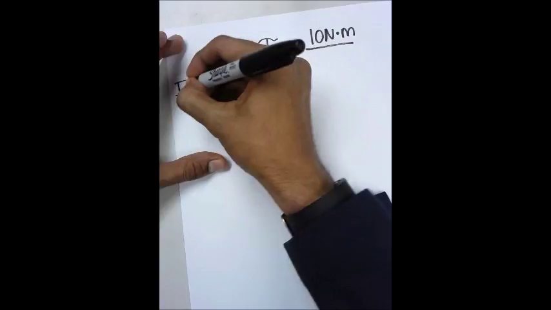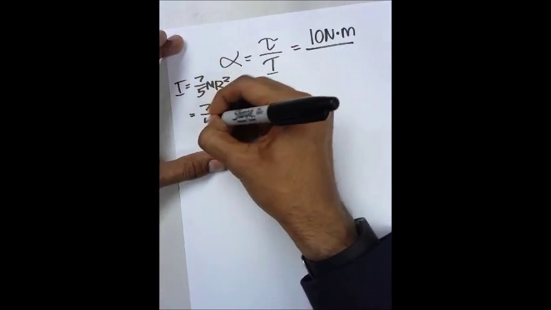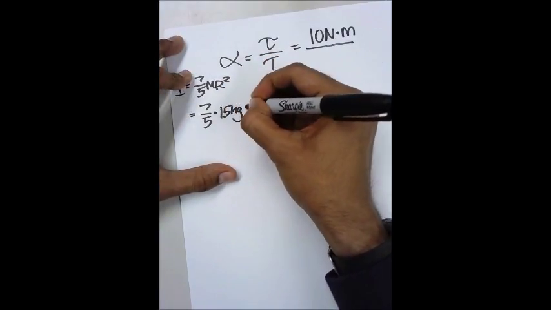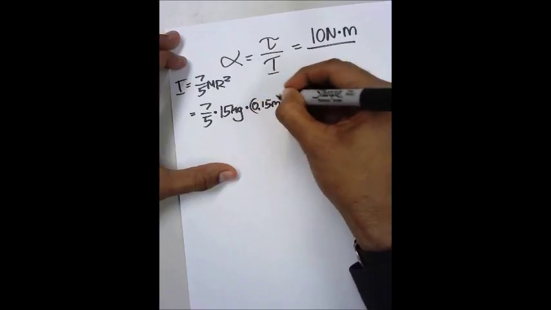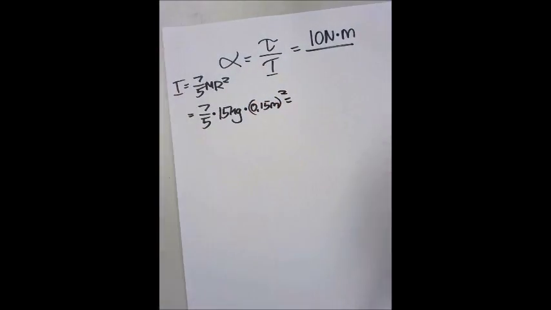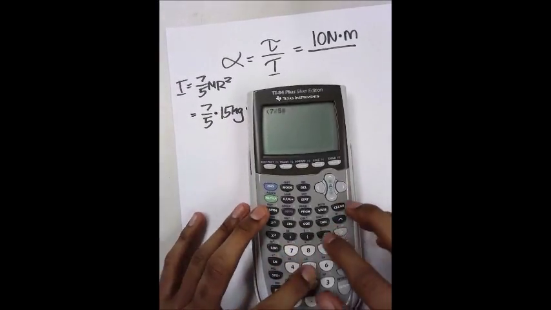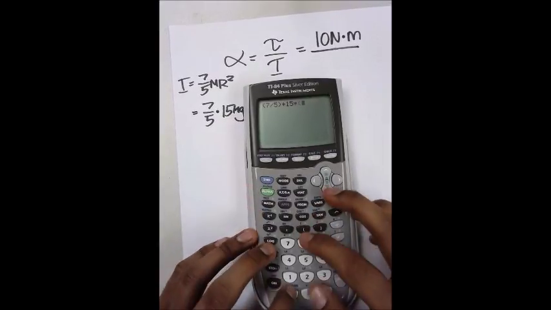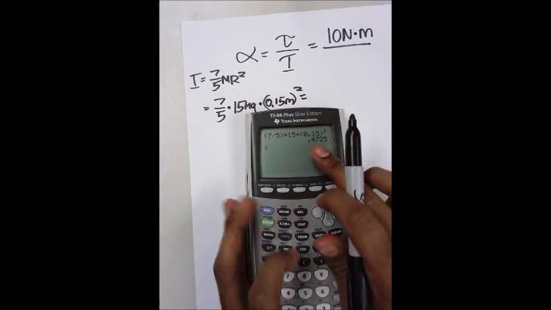I is equal to 7/5 mr squared, so 7/5 times the mass of the sphere, which is 15 kilograms, times the radius, 0.15 meters, squared. Let's see, 7/5 times 15 times 0.15 squared. All right, so we have a moment of inertia of 0.4725.